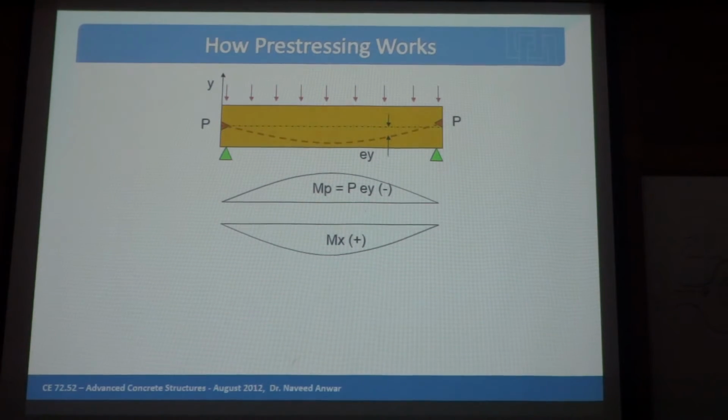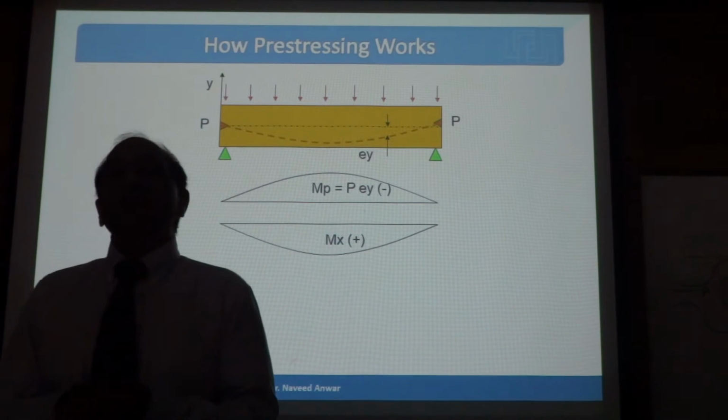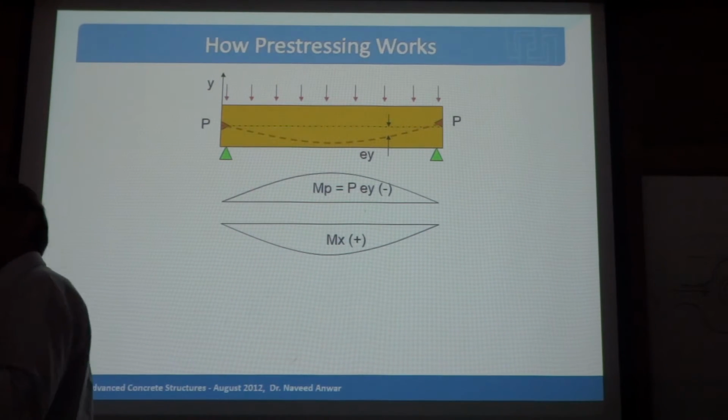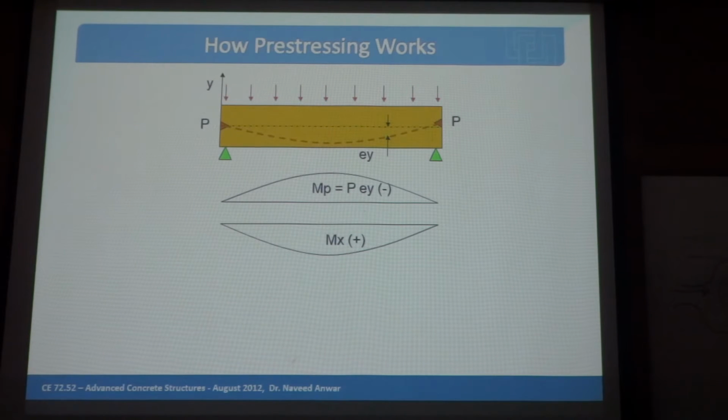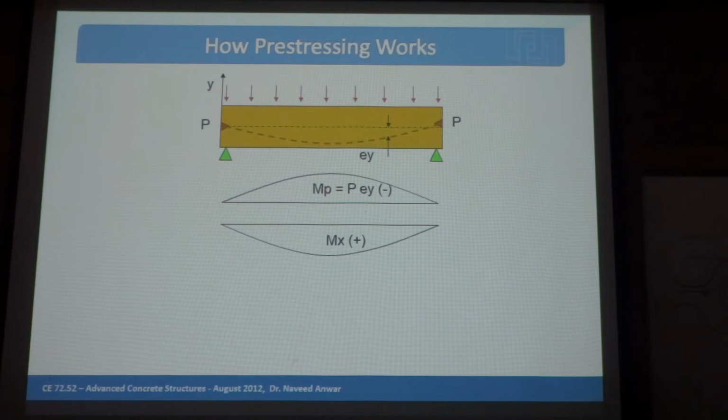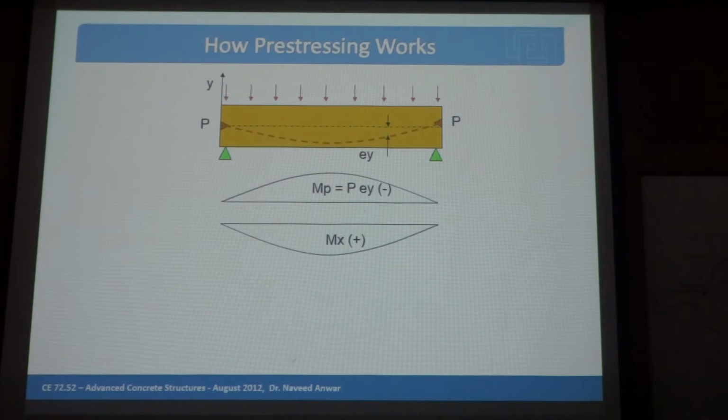Why not 100%? We are not sure about the load, number one, but more importantly, creep. A little bit unbalanced may cause creep and then the beam may go upwards. In many places you might see that instead of downward deflection, you actually have upward deflection, because of over pre-stressing.